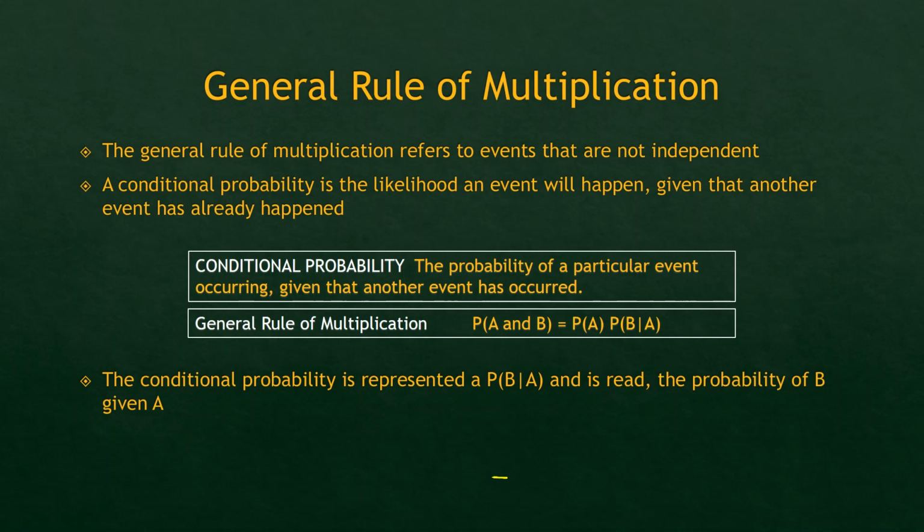So the probability of A and B occurring equals the probability of A occurring and the probability of B given A, or the probability of B occurring given that A just occurred. When you see P of B given A, this is read as the probability of B given A.